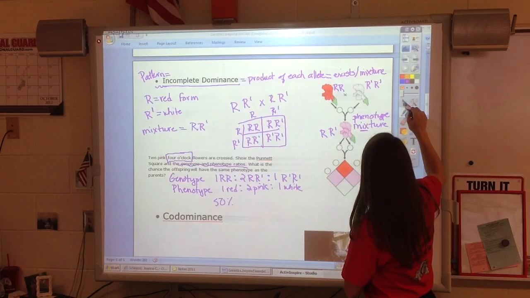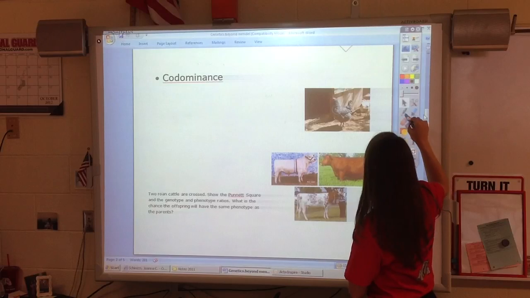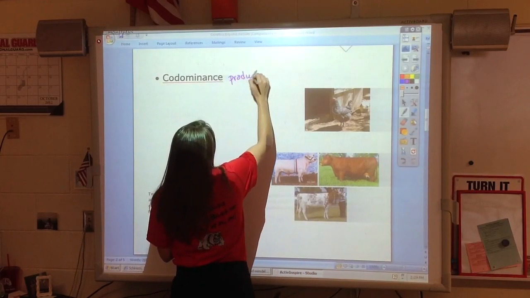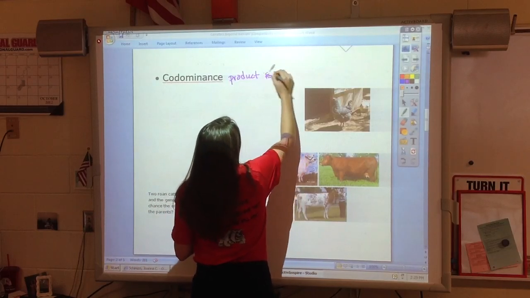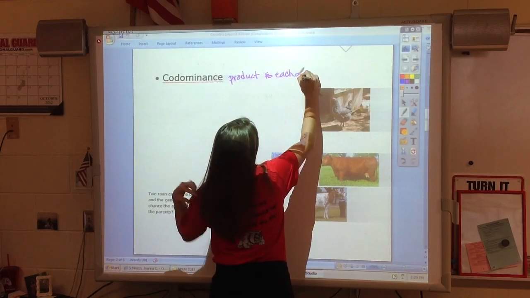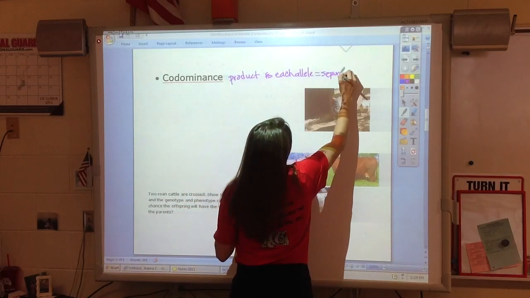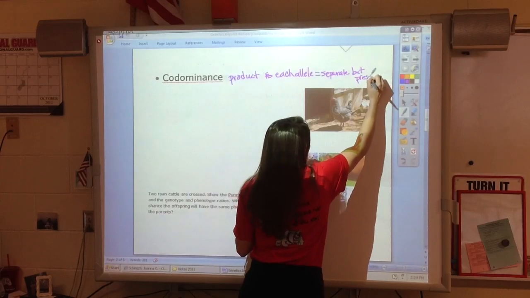The other example is codominance. Codominance is going to be when the product of each allele is separate but present, or separate but equal.